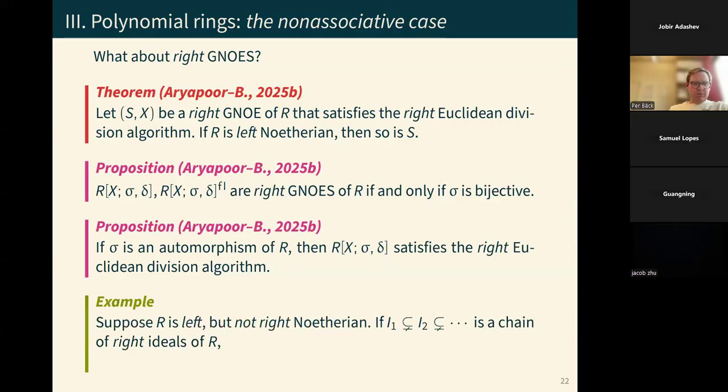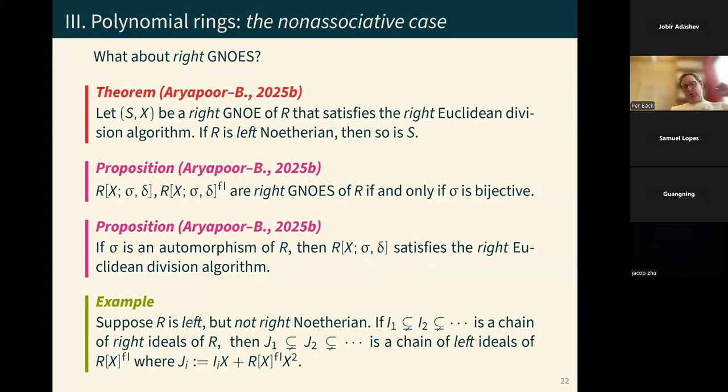So what about these flipped cases? Well, it turns out that they're really flipped. Take a ring which is left but not necessarily right Noetherian. Then you have this infinite chain of right ideals of R, since it's not right Noetherian. And you can also lift this to an infinite chain of left ideals of the ordinary flipped polynomial ring.